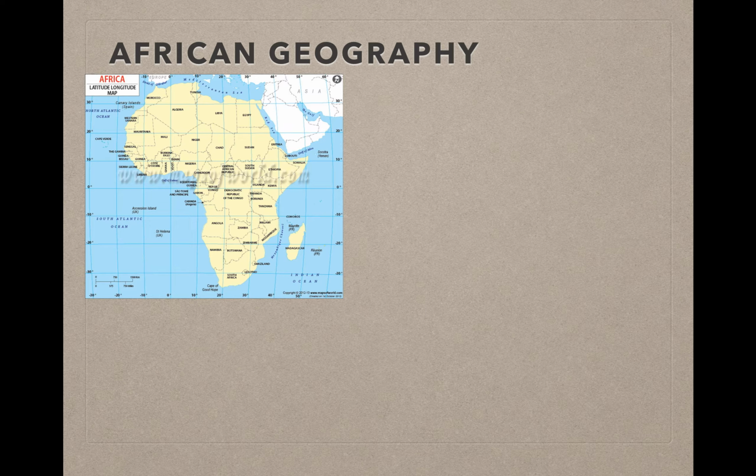And if you can see here, most of Africa lies either south or north of those lines of parallel latitude. So in other words, what this means is that most of Africa is pretty hot and humid.